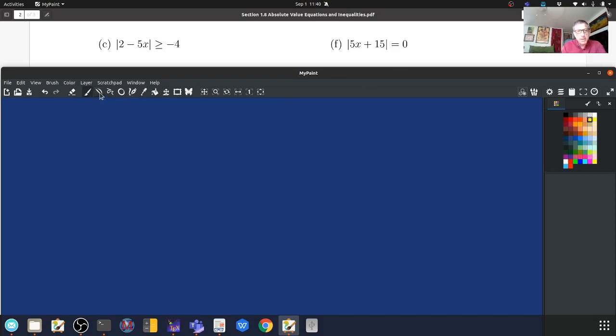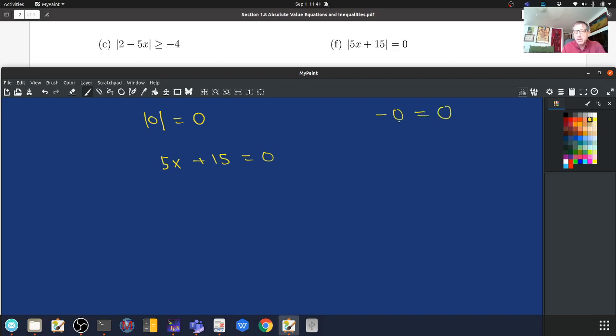So we're going to use the property that the only number whose absolute value is equal to 0 is 0. So all I have to do is 5x plus 15 is equal to 0.